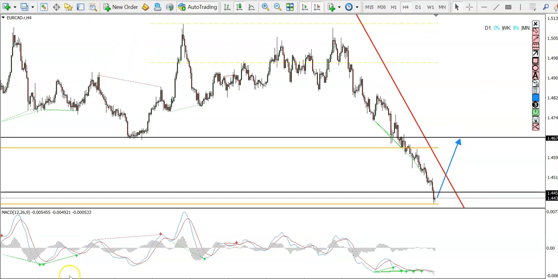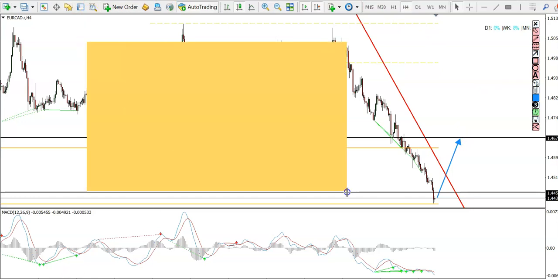The actual setup. It is buy EURCAD straight on the open, 144.3, or 1 hour after the market opens.